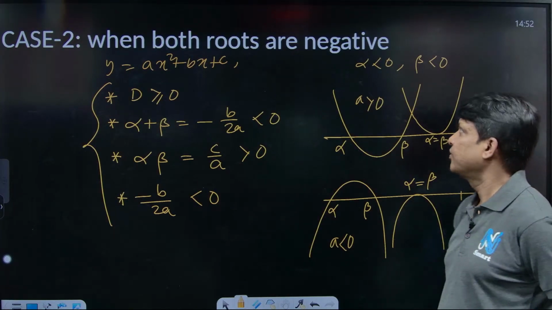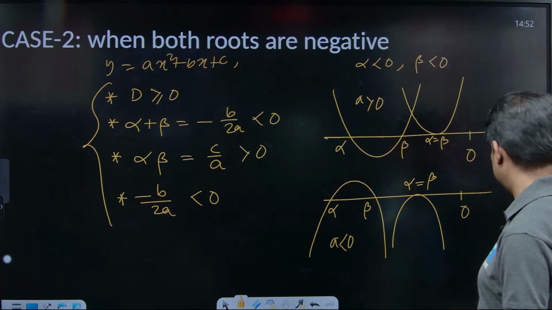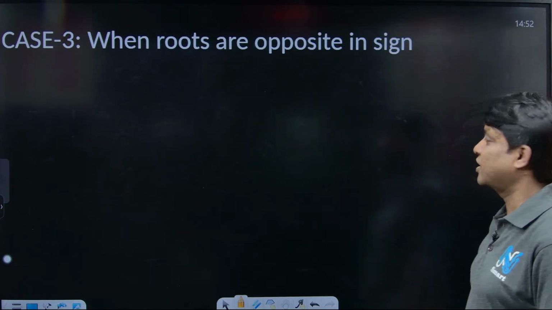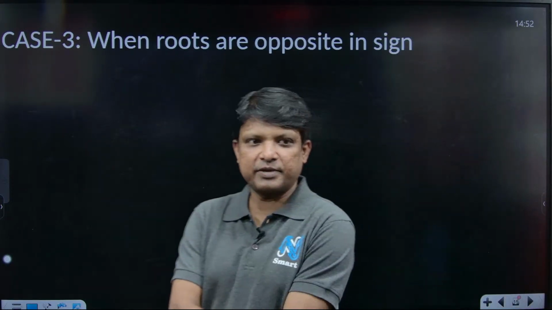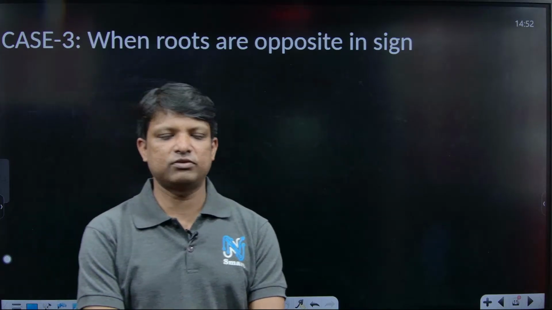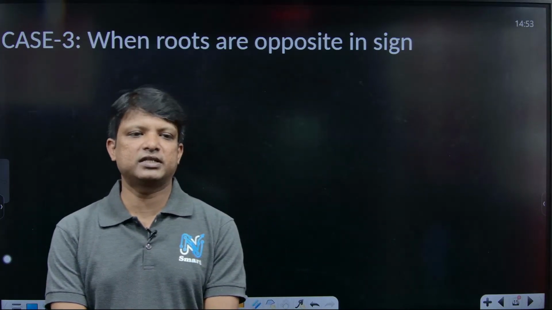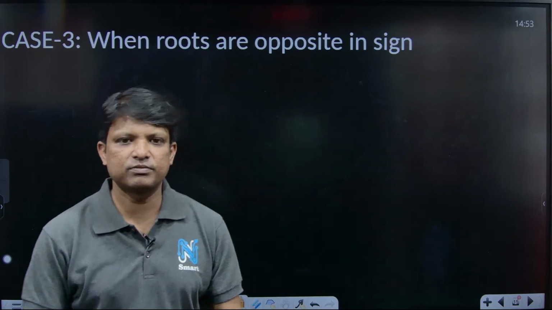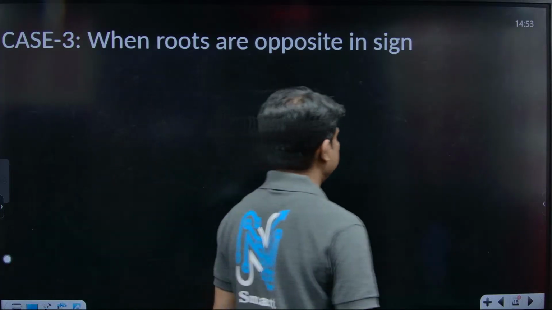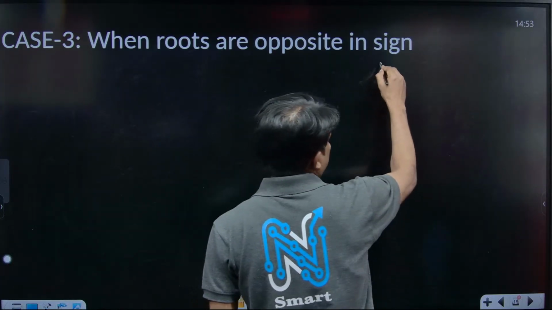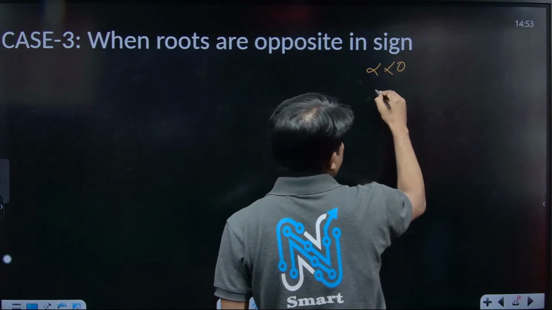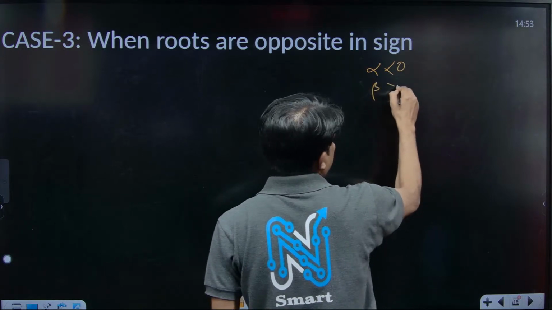Next condition, when roots are opposite in sign. This is very interesting: 0 lies between the roots, one root positive, one root negative, just one condition. The product of roots is always negative. Suppose one root is negative and the other root, beta, is positive.